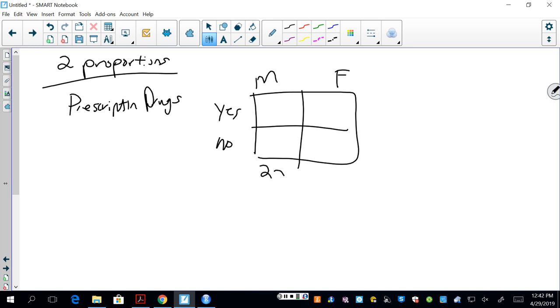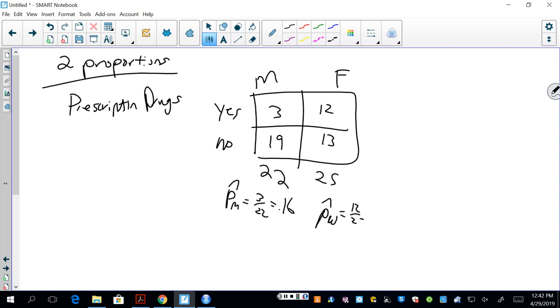Out of the 22 men, you got 3. So the rate for the men was 3 out of 22, or 16%. Whereas for women, it was 12 out of 25, which is much higher, 0.48.